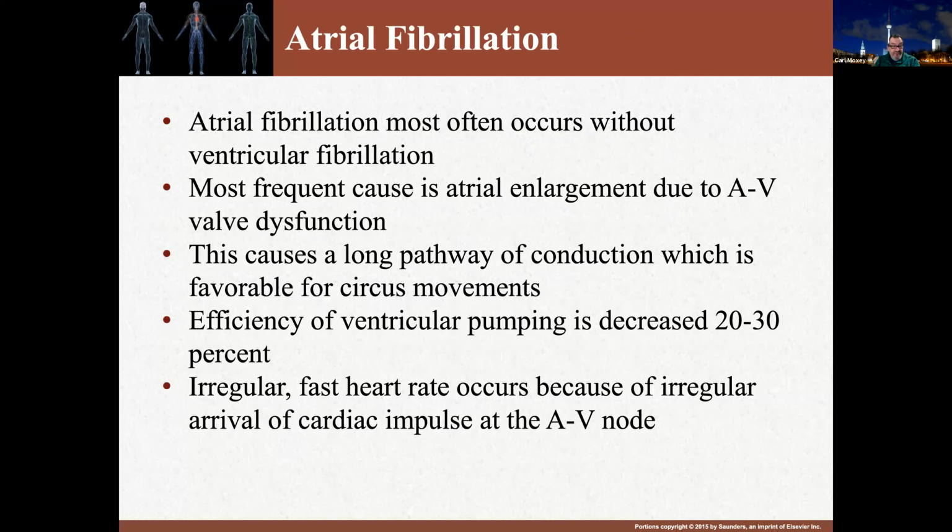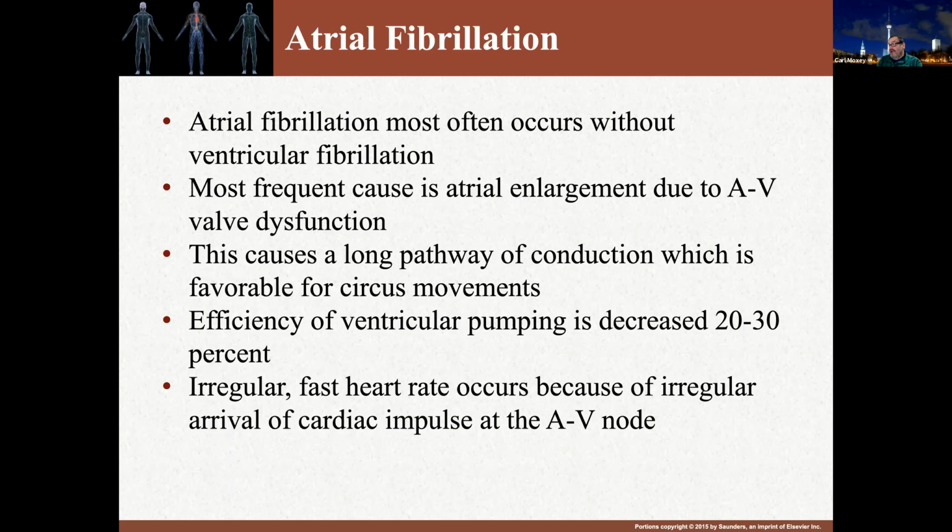Atrial fibrillation is an uncoordinated set of contractions within the atria, much like ventricular fibrillation, but generally occurs without ventricular fibrillation. And again, it's going to be due to an increased distance that the conduction has to go through. In other words, a circus movement there.